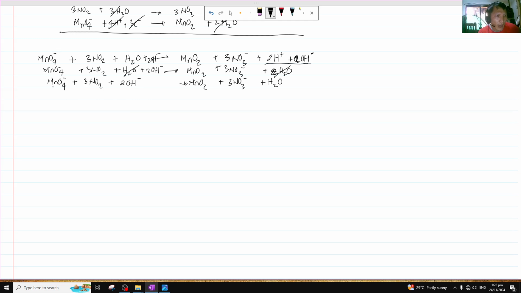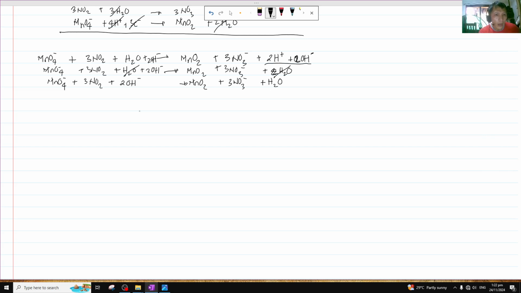So charge, first the atoms. Manganese, you have manganese 1. Oxygen, you had 4, and then you have 6, so that is 10, plus 2, that is 12. Here, how about this one? You have 2 plus 9, that would be 11, plus 1, that would be 12. How about for your nitrogen? You have 3, you have 3 nitrogen here. How about for hydrogen? You have 2, you have 2 hydrogen here.